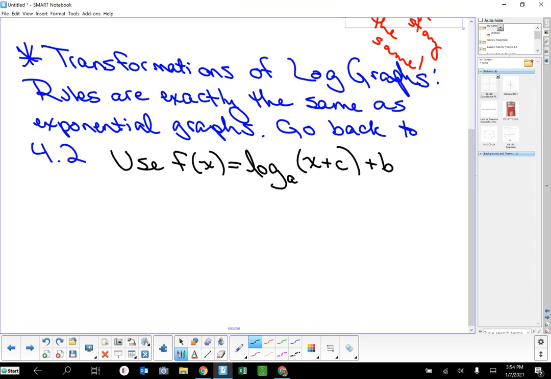Well, I do have something here. Let's see. In our case, these two things flip it about the x-axis. So these are the same. The log function is flipped in one of two ways.